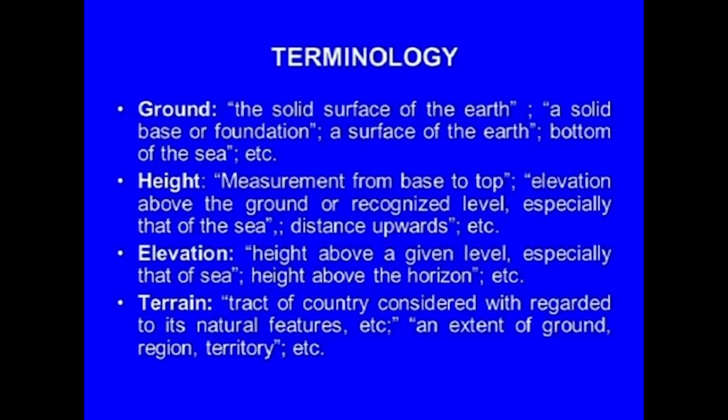Height, measurement from base to top or elevation above the ground or recognized level, especially that of the sea, distance upwards, etc. Elevation, height above a given level, especially that of the sea, height above the horizon, etc. Terrain, tract of ground considered with regard to its natural features, extent of ground, region, territory, etc.